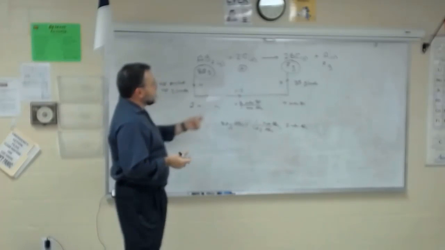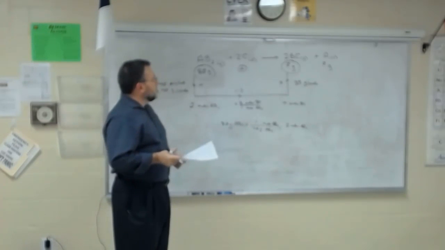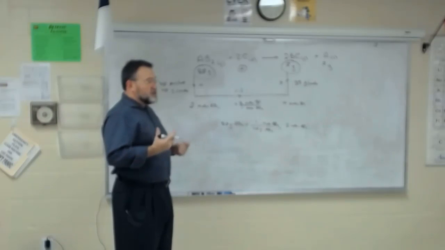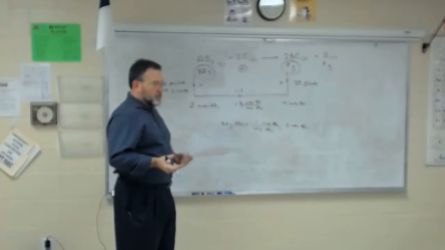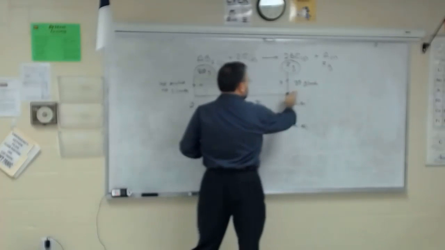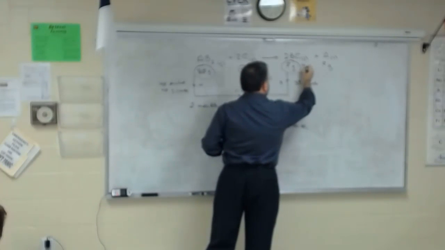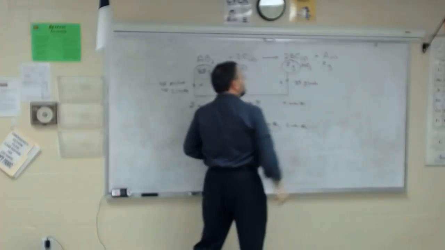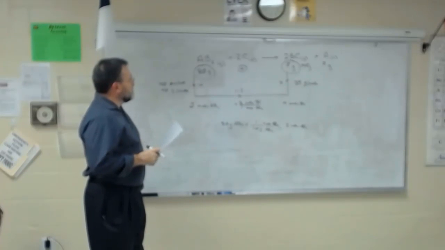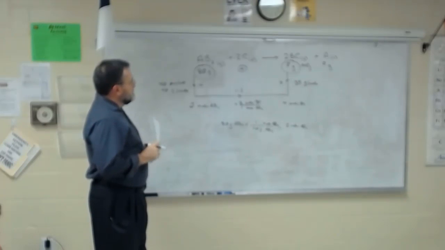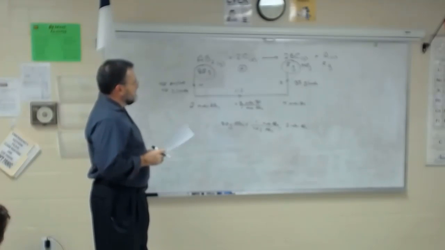So what is the mass of molecule BC? How much is formed? 140 grams of BC.